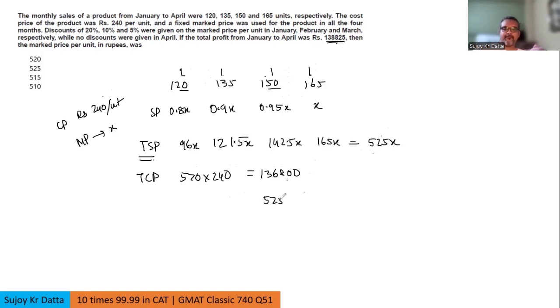So that means we have got 525x is equal to this plus this. So if I add that 138825 and we divide it by 525, so we'll get 525 back again. So that means the answer is the second option. Oops, sorry. 525, second option. Okay. So it was just a calculation based question. It would have made sense to use the calculator there. Let's move on.